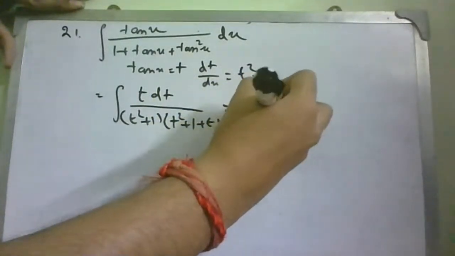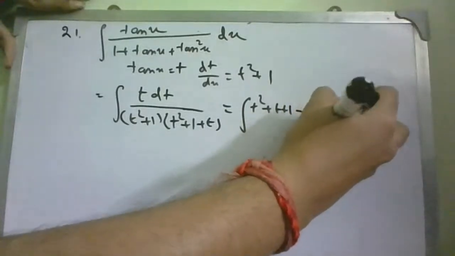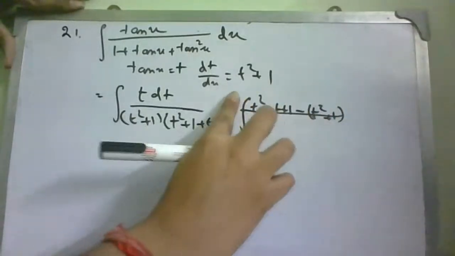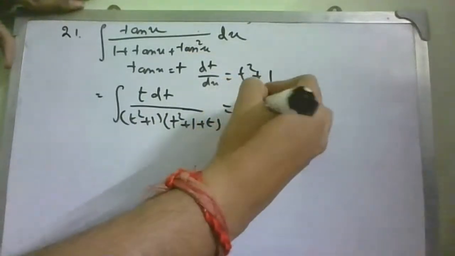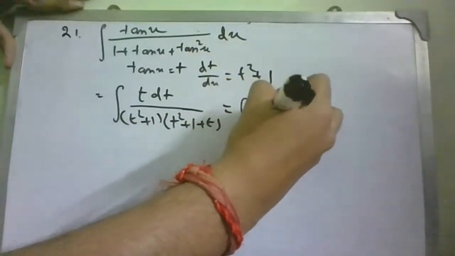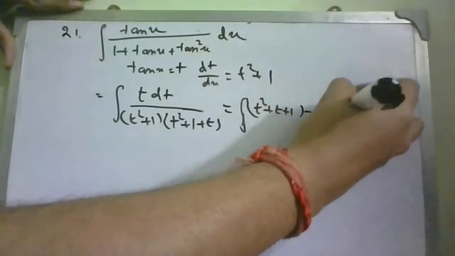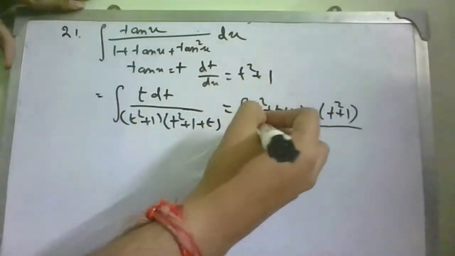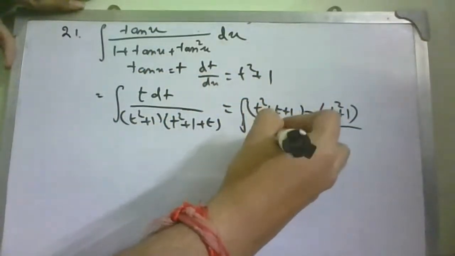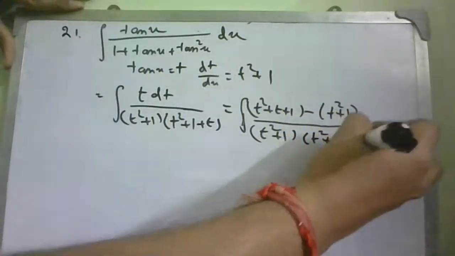It is t square plus t plus 1 minus t square plus 1 over, I'm sorry, so sorry, t square plus 1 times t square plus t plus 1 dt.